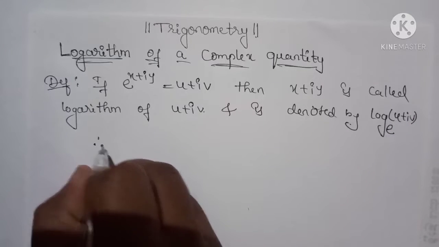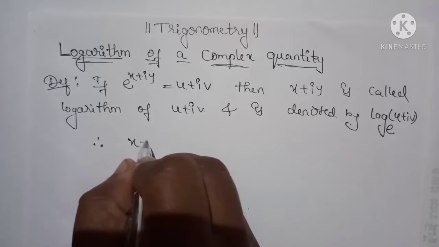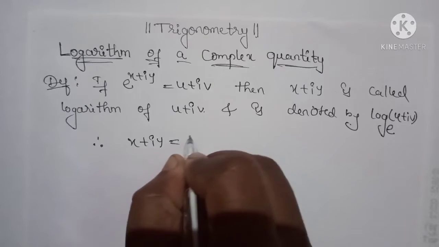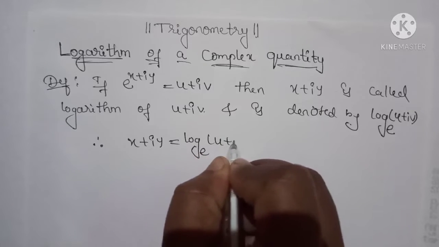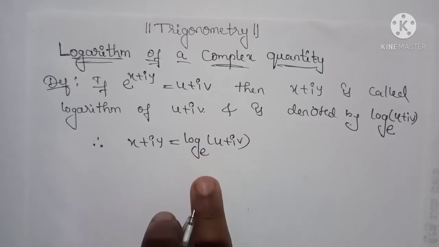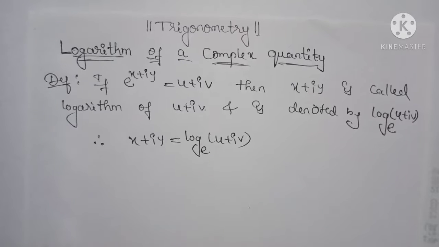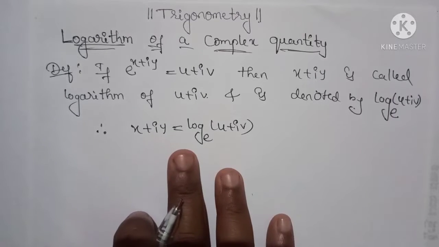Thus we can say that x plus iy is the logarithm of u plus iv to the base e. Okay, so this is the definition of the logarithm of a function.